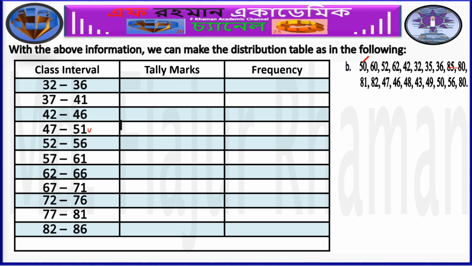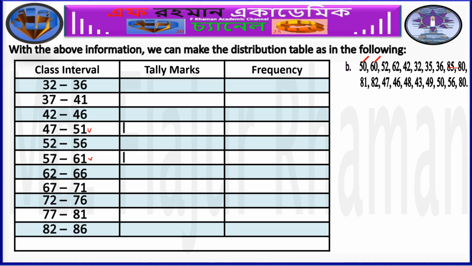That's why a tally mark is drawn here to represent the data 50. Next, data 60. 60 is in the class interval 57 to 61. That's why a tally mark is drawn here to represent the data 60.